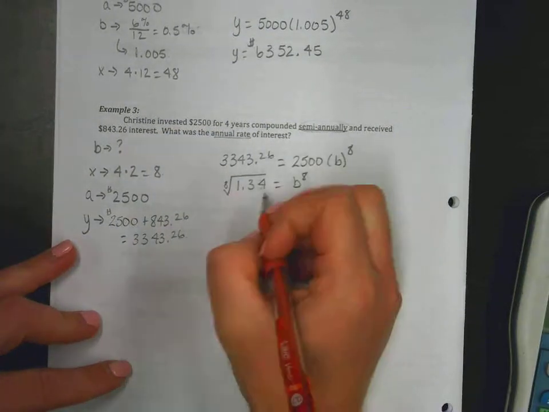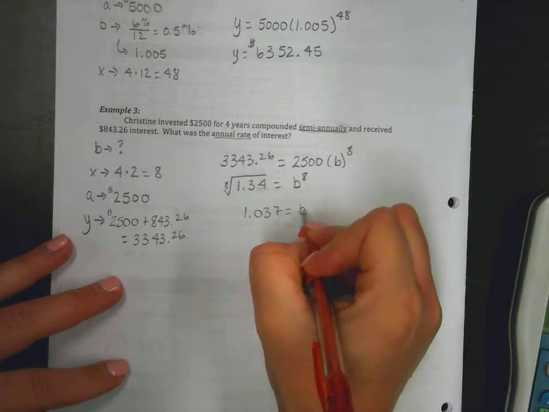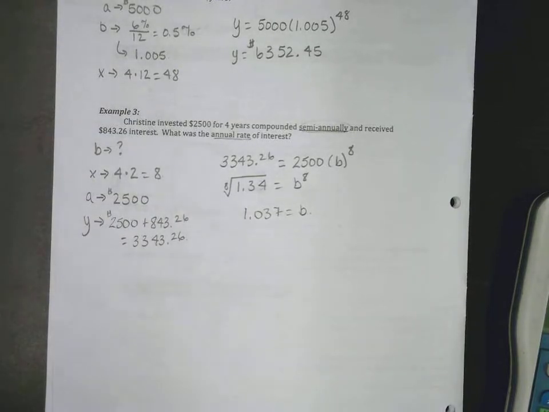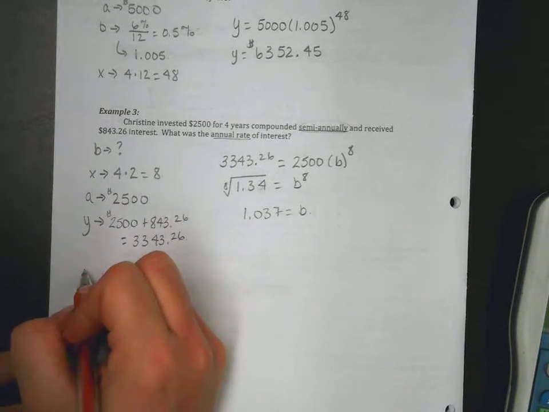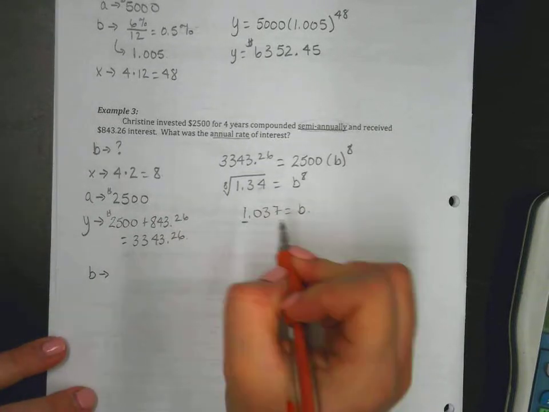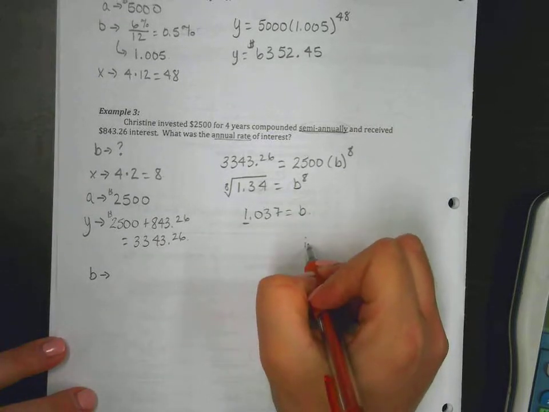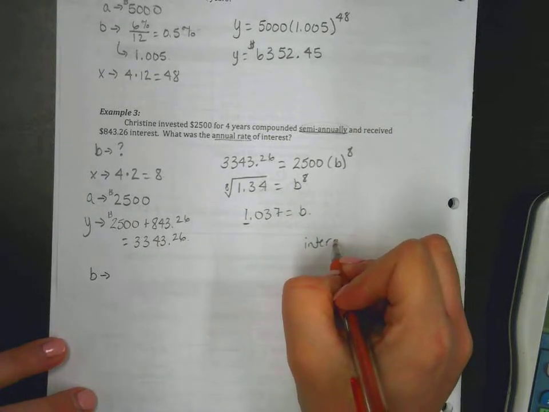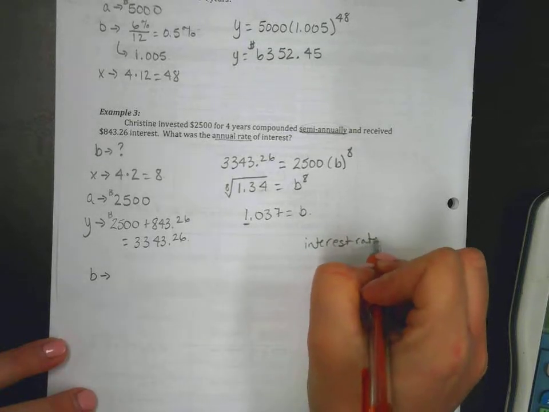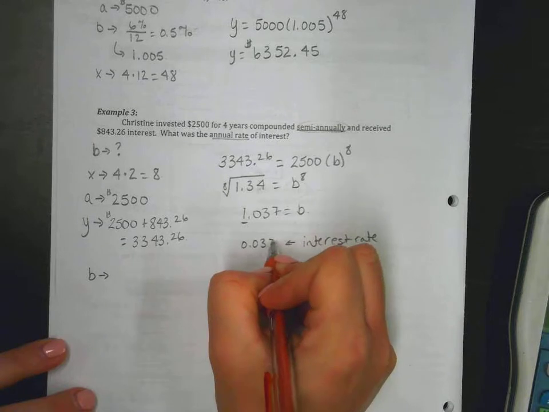All right, so remember my B value. First of all, the 1 is something that we'd add, so we want to subtract 1 from that. So now our interest rate would be 0.037. Multiply that by 100 is 3.7%.